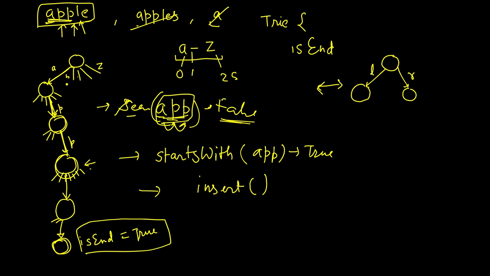We are storing 26 nodes at each of these, and only a few of them may be used actually. So let's say there is a word apple, there may be a word bat. So it will come here, B will be initialized, then its first child, and then its 20th child, bat.